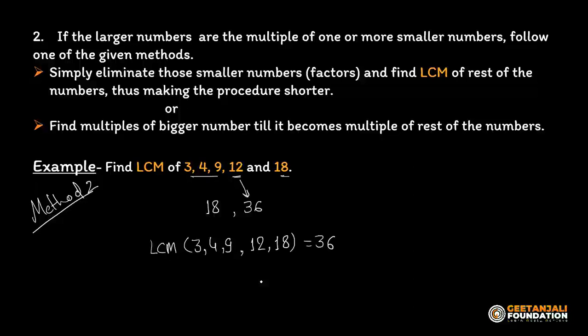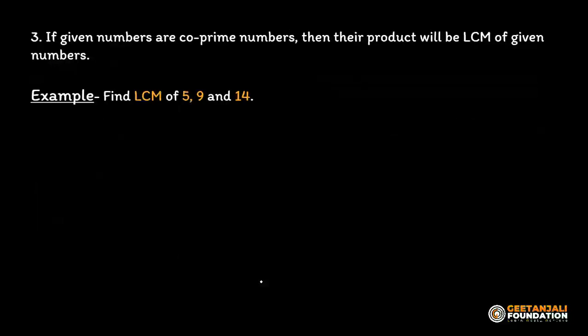Now next, let's go to the next thing. We have to find the LCM of 5, 9 and 14. If you observe these numbers, these are co-prime numbers. Co-prime numbers are those numbers whose common factor is 1. So 5, 9 and 14 have a common factor of 1. In this case, you don't need to factorize them. You simply multiply them to find the result.